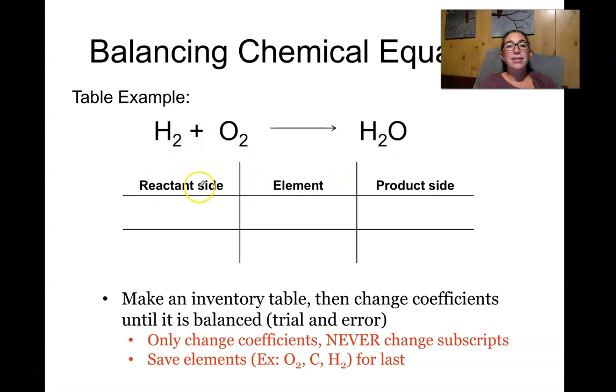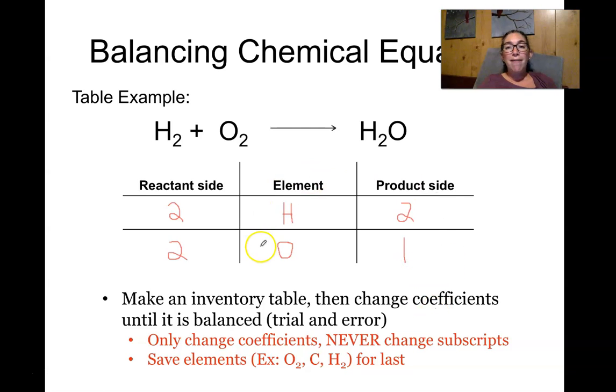So we have the reactant side and the product side, and we're going to tally up how many of each of those elements we have on both sides of the equation. So the elements in this problem are hydrogen and oxygen. We have 2 hydrogens, H2 means there's 2 hydrogens, and we have 2 oxygens over here. On the product side, H2O means that there's 2 hydrogens and 1 oxygen.